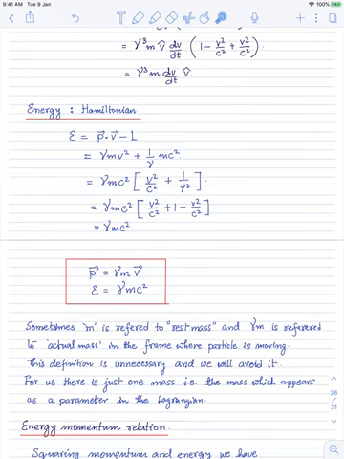So people tend to define this m as a rest mass and then gamma times m as the mass. That is why in the formula for Einstein's energy they just write capital M c square instead of gamma mc square, where it is understood that this M is gamma times something called m naught, which is the rest mass.